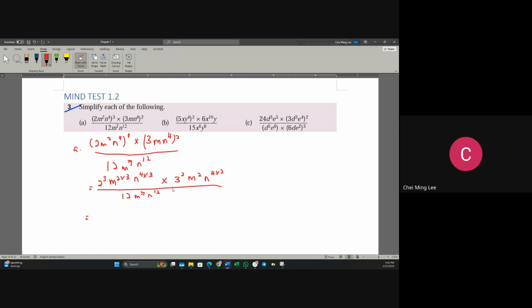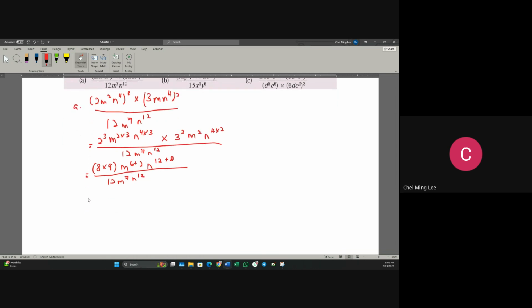Now, let's put this. This one is 8, right? 2 to the power of 3 is 8. This one is 9. So 8 times 9. And then this one is 6, right? m to the power of 6 plus 2. n to the power of 12 plus 8. Divide by 12, m^7, and n^12.